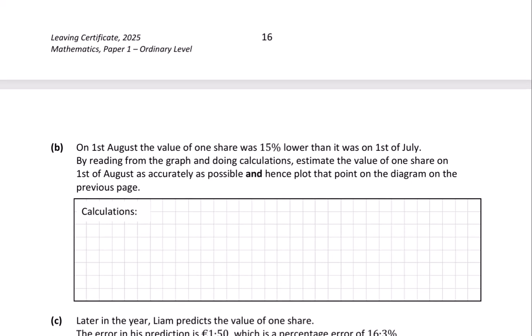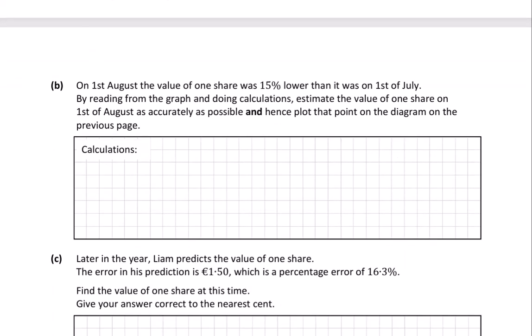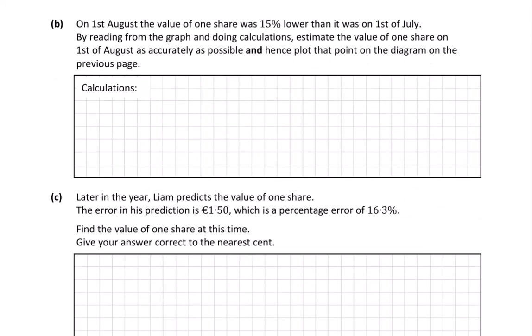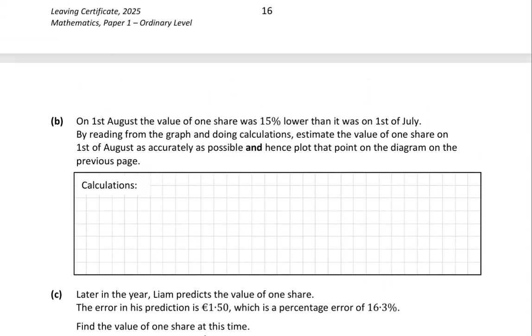Okay, next question then. On August the 1st, the value of one share was 15% lower than it was on the 1st of July. By reading from the graph and doing calculations, estimate the value of one share on the 1st of August and calculate as accurately as possible, and hence plot that point on the diagram on the previous page. So we need to look at the 1st of July.